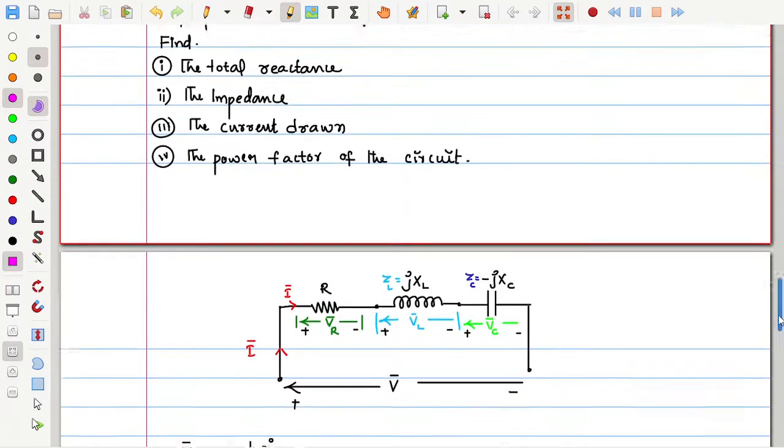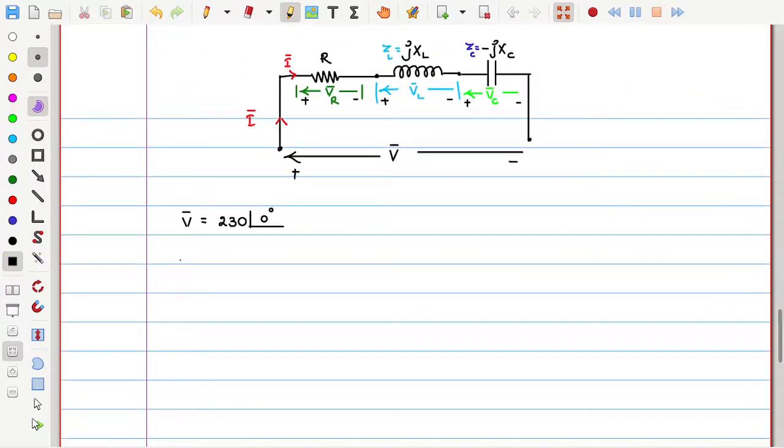How we calculate the impedance: the inductive impedance ZL is equal to jXL, where XL is referred to as the inductive reactance, which is equal to omega L. Instead of directly like this, let me calculate the XL first, then later I will substitute there. XL is the inductive reactance, which is equal to omega L, where omega can be written as 2 pi f into L.